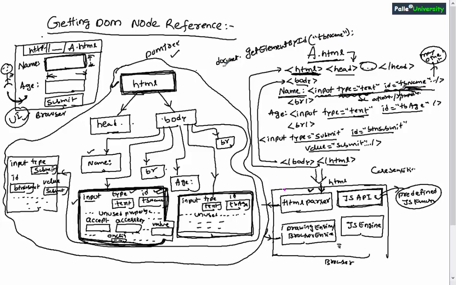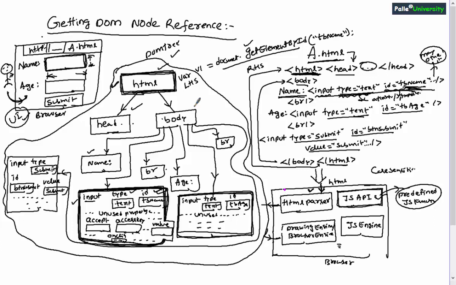Believe you understood. Once you write document.getElementById and tbName, in the left hand side you must create a var type variable, var v1. We already know that usually the code execution goes from right hand side to left hand side. In any programming language, in general first the right hand side code will be executed and later the left hand side code will be executed. Whenever this right hand side code is executed, the getElementById function starts searching each and every node in the DOM tree. First it will search the HTML node, later it will come to the head node, then the body node, so on and so forth, right?